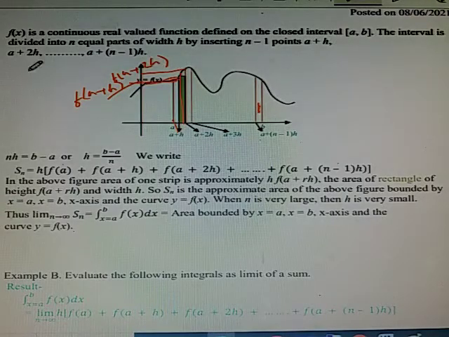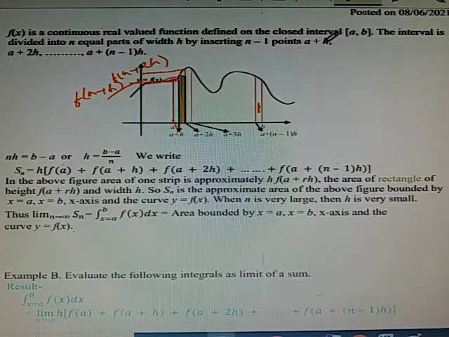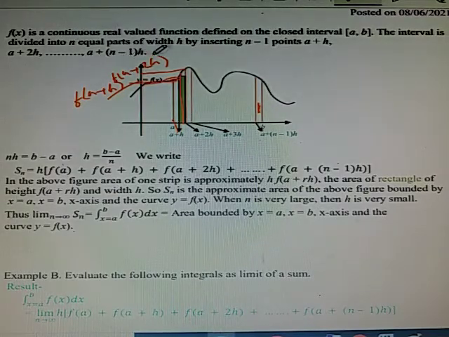So these are the points we are inserting at equal intervals between A and B. So there are n minus 1 points, so we get n divisions, and this n into h becomes b minus a.